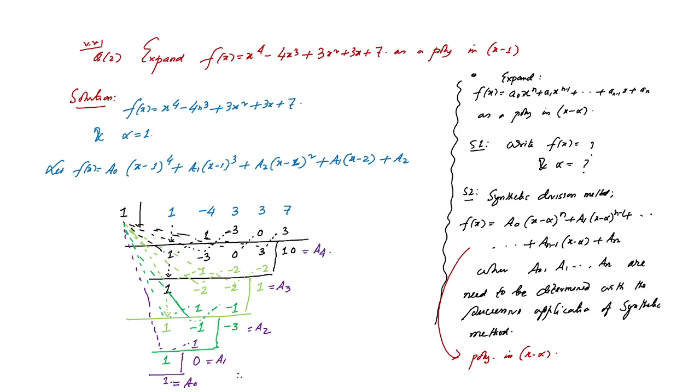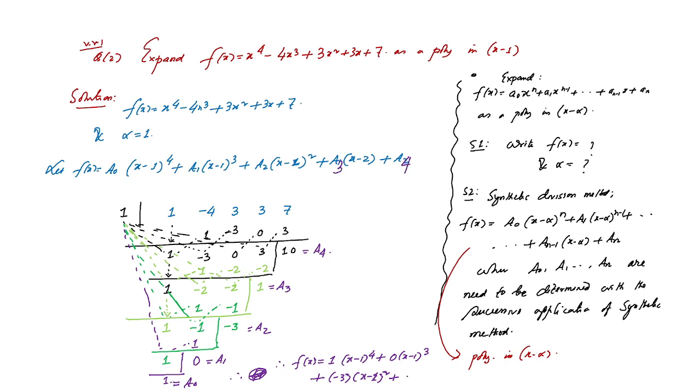So now we'll write f(x) with the help of synthetic division. So what is our f(x)? Therefore, f(x) equals A0, that is 1 into (x minus 1) whole to the power 4, plus A1, 0 into (x minus 1) whole cube, plus A2, A2 means minus 3, so minus 3 into (x minus 1) whole square, plus A3, okay, sorry, this is A3, A4.